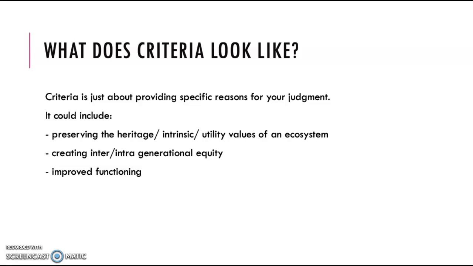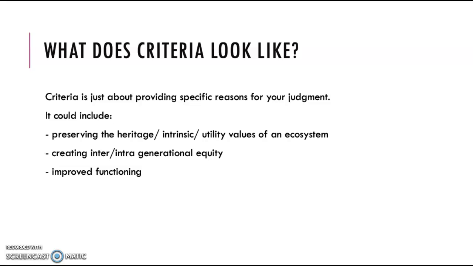So what might criteria look like? Criteria really is just reasons for your judgment. In geography and in this topic, it might include things like it's a beneficial strategy because it helps to preserve the heritage value or the intrinsic value, utility value of an ecosystem. Or it might be a negative or non-beneficial strategy because it doesn't create inter or intra-generational equity.